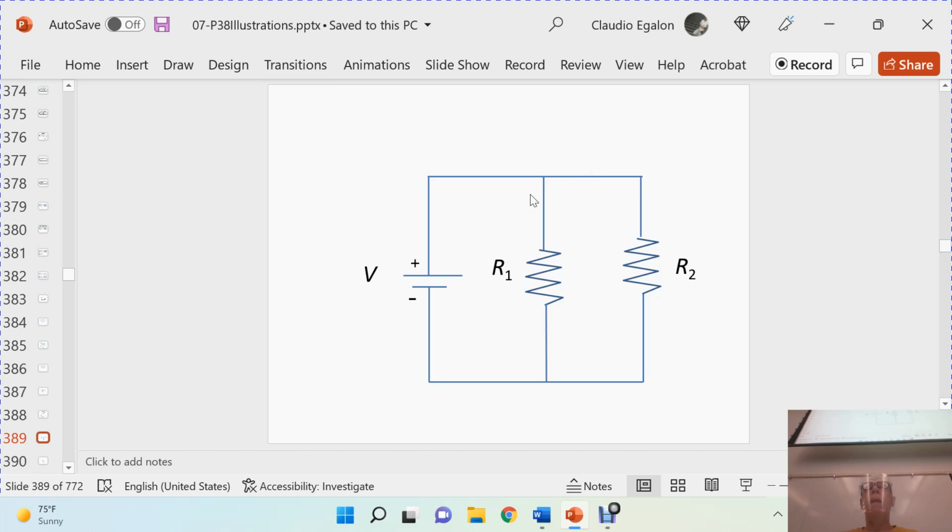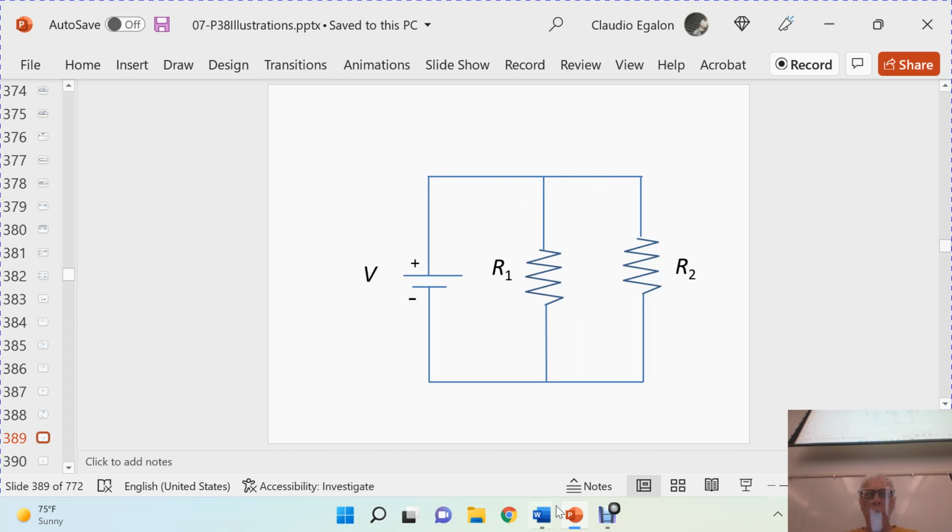It's like having one freeway going this direction, the other freeway going this direction. So we are going to have an initial current that's large, and this current is going to split into a smaller amount of current, charges here, a smaller amount of charges here. That's how you should picture that in your mind.